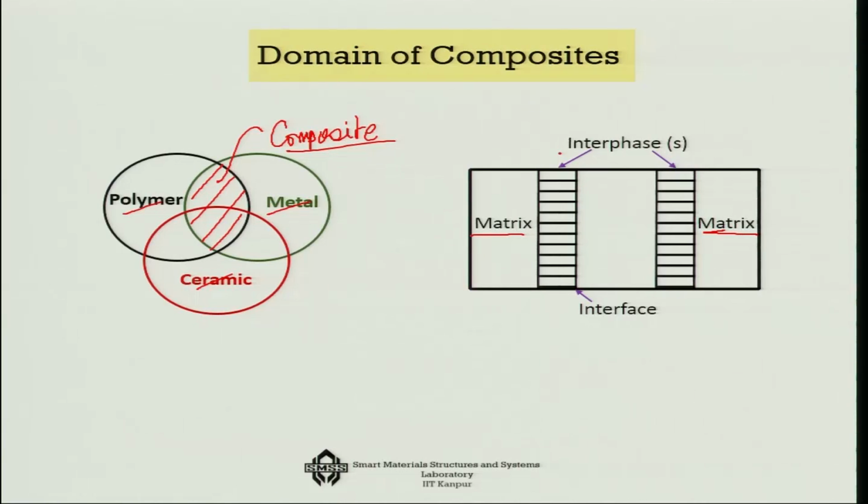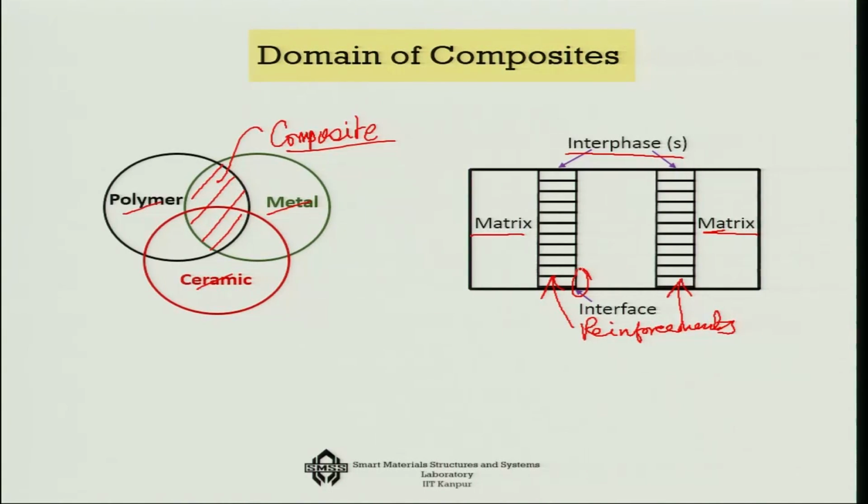The other phase, the formal technical name is reinforcement. These reinforcements have interfaces with the matrix, and that interface is to be designed in such a manner that there is no discontinuity or debonding between the reinforcement and the matrix.